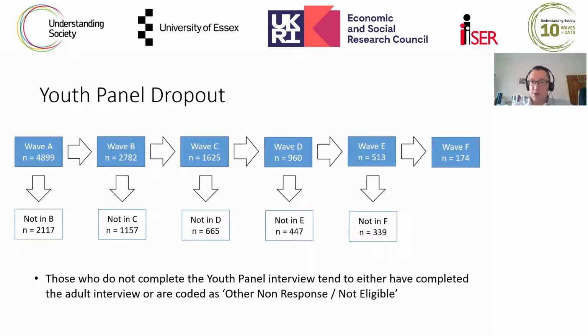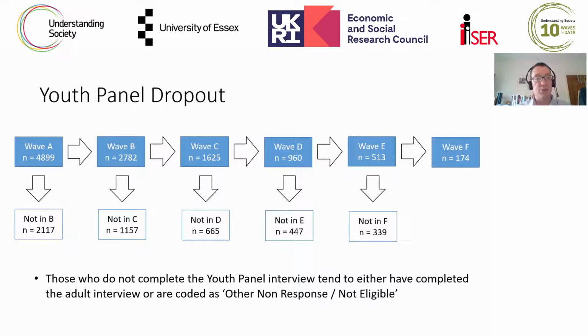But one thing we would say is this is partially a data mapping exercise, but also we want to illustrate to others the practicalities of taking some of these steps. When we look at the youth panel over time, those who complete the youth questionnaire, what we notice is that quite a substantial number of young people drop out. Some of those are because they age out naturally. They go from being 11 to 15, and then they go into the adult survey.